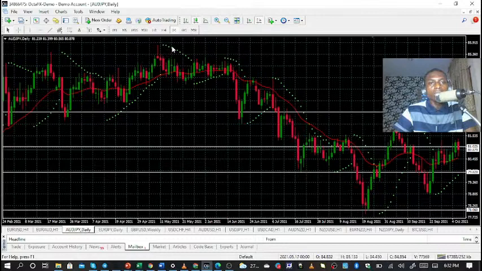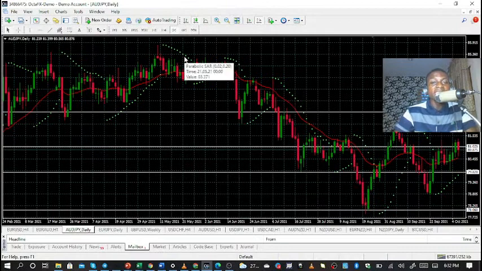I want to explain this parabolic SAR now. You see this parabolic SAR. It is also used to indicate when the market is in an uptrend or in a downtrend, right?